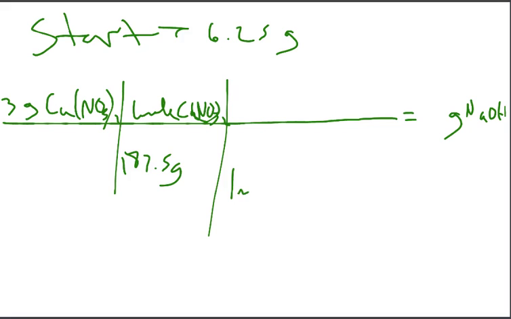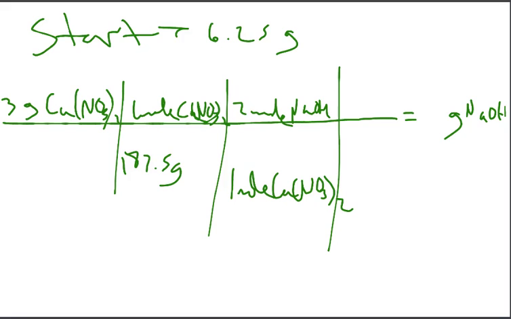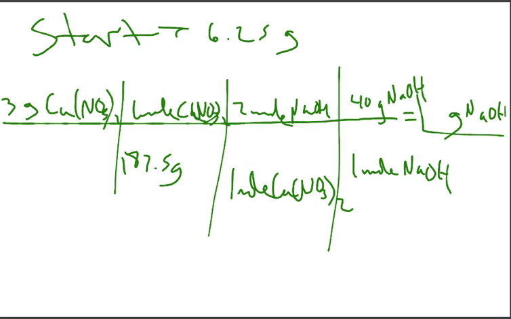For every 1 mole Cu(NO3)2, I have 2 moles NaOH. For every 1 mole NaOH, I have 40 grams NaOH. Now, remember, this is not going to be your answer. I'm going to take this and subtract this number from it.